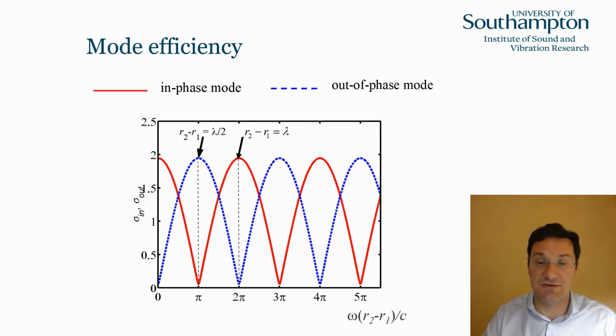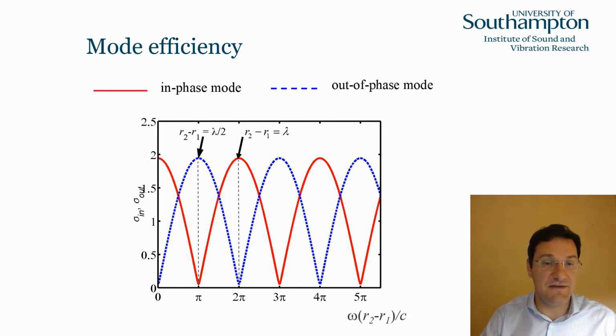But this happens, as we have seen, at a number of other frequencies. And those frequencies where we have a significant inefficiency of either the in-phase or the out-of-phase mode are the frequencies where ringing occurs in the frequency response of the crosstalk cancellation filters that we observed earlier. We also see that at some other frequencies, the two modes have equal efficiency.